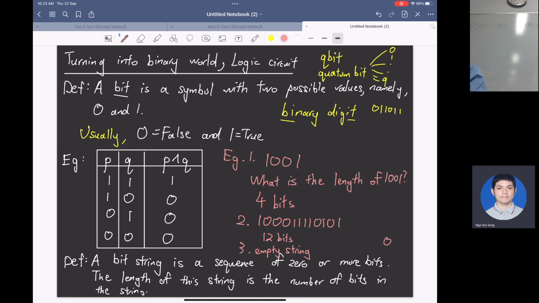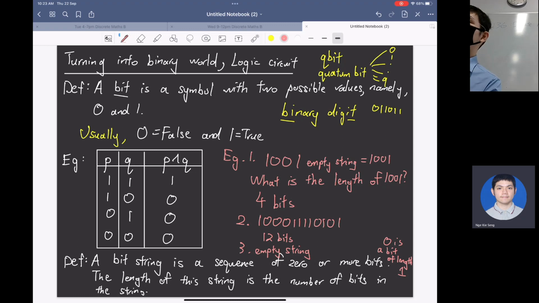0 is a bit string of what length? Louder. Any answer? 1. Okay. So an empty string is nothing. If you put an empty string here, you still get back your original string.